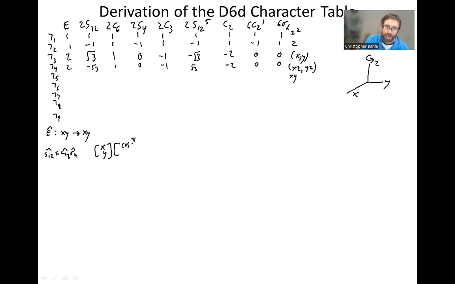I'm just going to rewrite that as pi over 6, minus sine pi over 6 and sine pi over 6 and a cosine pi over 6.